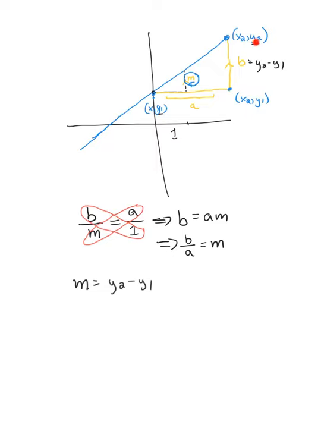If y2 was 7, and y1 was, say, 2, then the length of this line is going to be 7 minus 2, which is 5. And similarly, for the x coordinates, the length of this line is going to be x2 minus x1. So let's write that in.